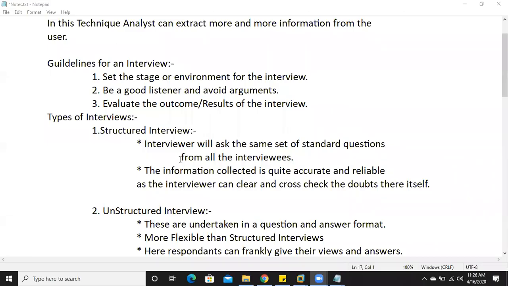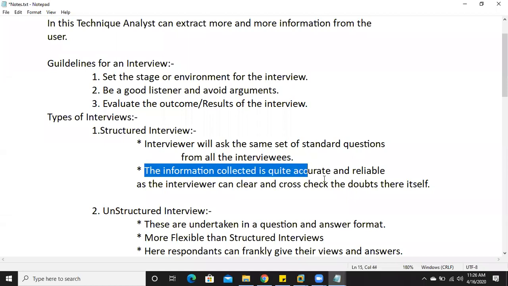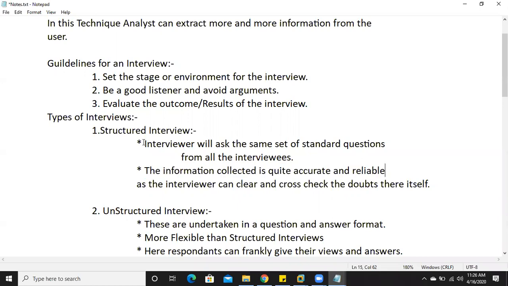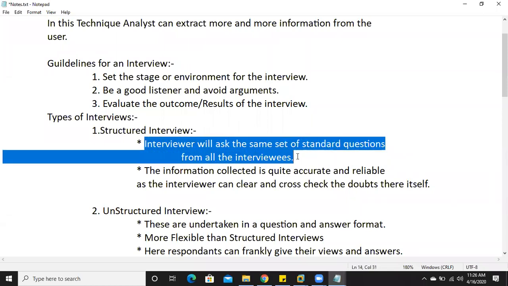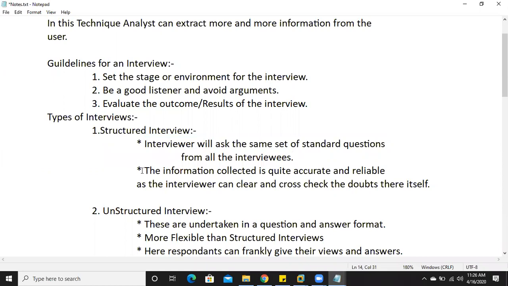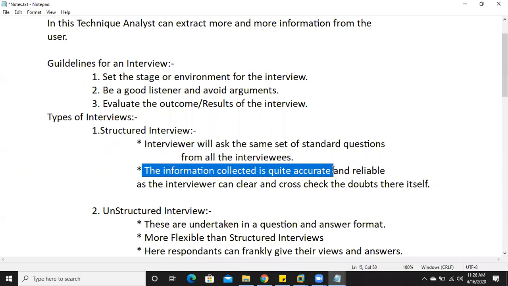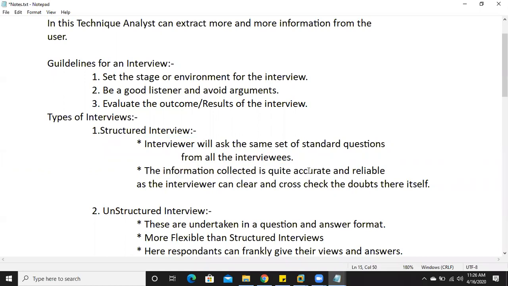We were studying the structured interview. We have covered the first point. In the second point, I am saying that the information collected is quite accurate in the structured interview. Why? Because the interviewer is asking the same set of standard questions to every interviewee, so the most common answers that most of the interviewees give will be taken as the final answers.